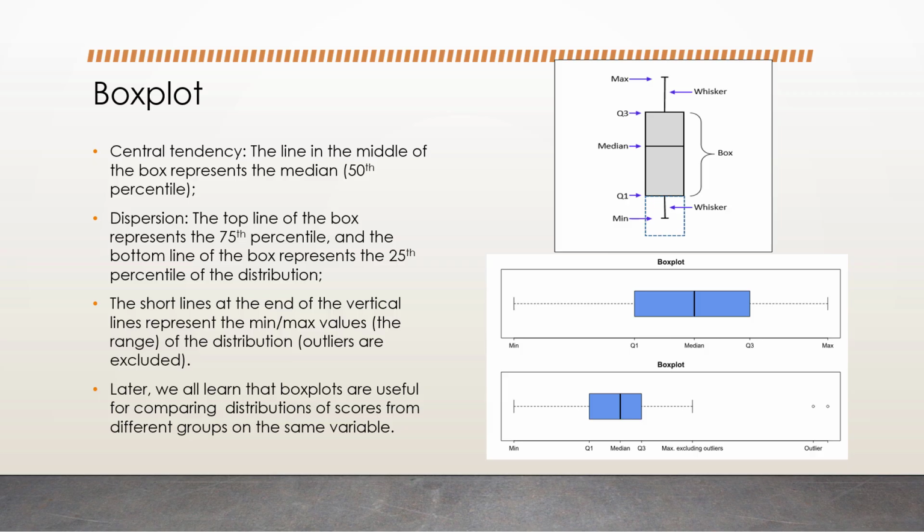The minimum and maximum values are marked with whiskers extending below or above the box when the box plots are presented vertically. Box plots are especially useful for comparing score distributions across different groups on the same variable.